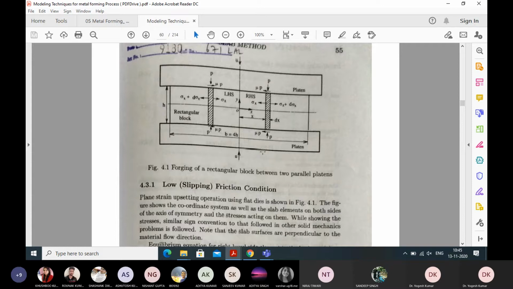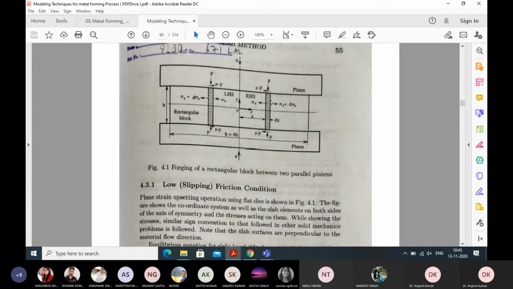So now what we have to do is find out the force equilibrium on this strip. For force equilibrium, we have to find out the forces acting on this strip.